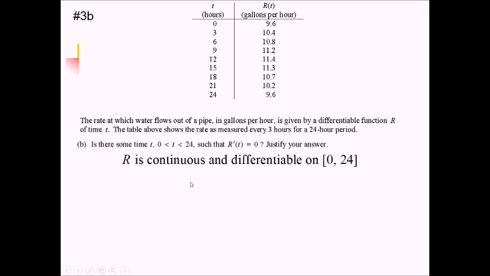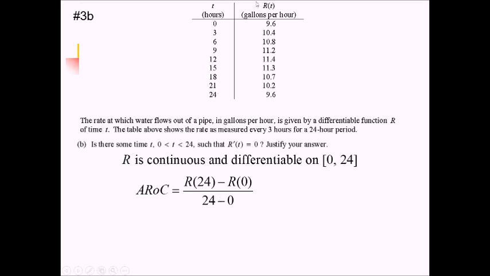To actually use this, I need to take the average rate of change from 0 to 24 of r and show that it actually equals this value I'm looking for, this 0. So this is going to be r of 24 minus r of 0 over 24 minus 0. R of 24 in our table is 9.6.